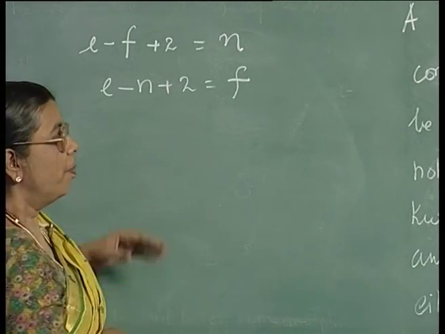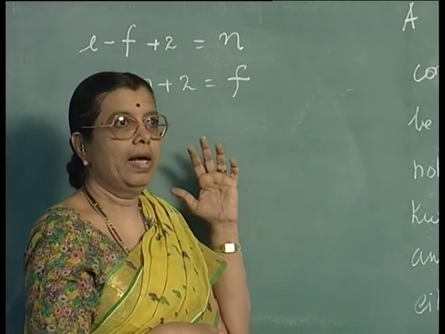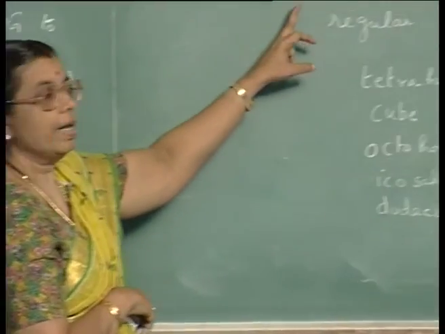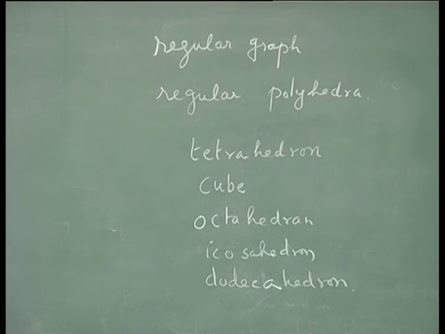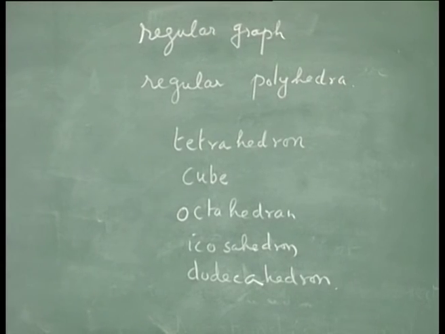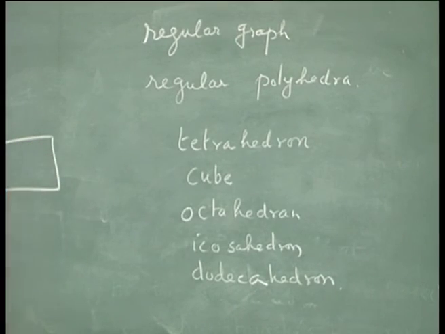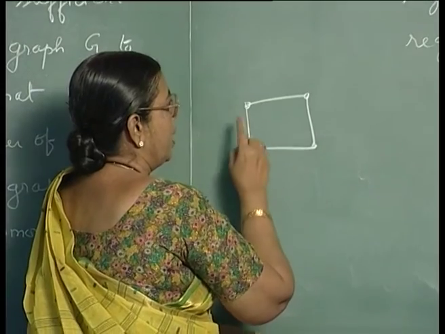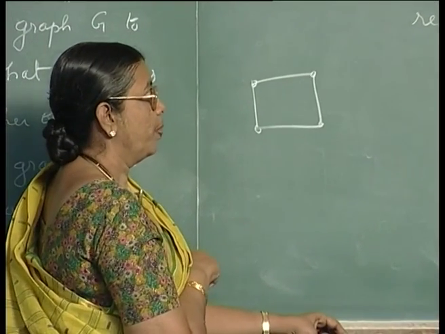And by this we get a result about regular polyhedra. A regular graph is one in which each node has the same degree. For example, this is a regular graph because each node has degree 2.